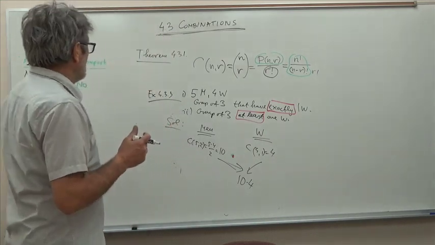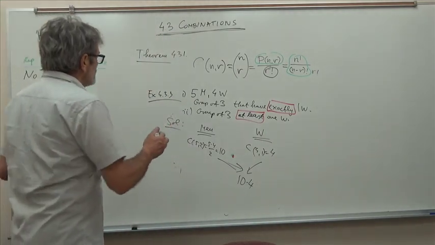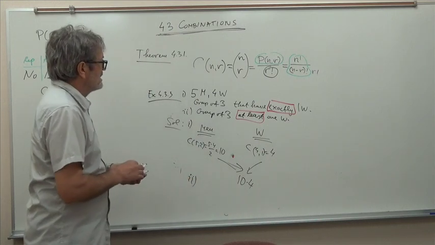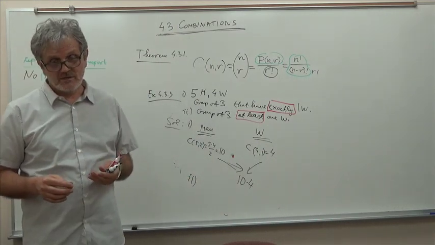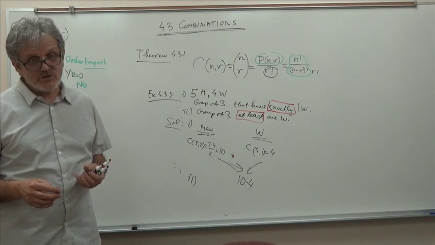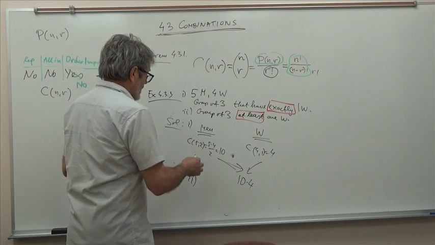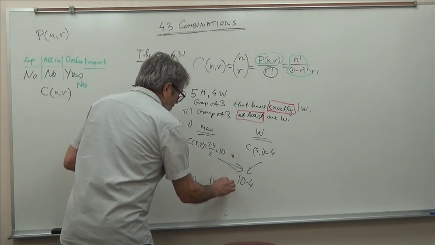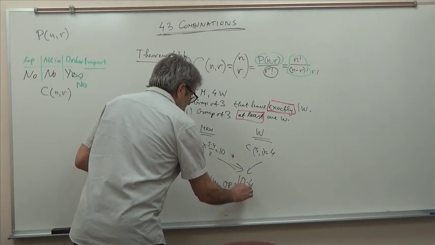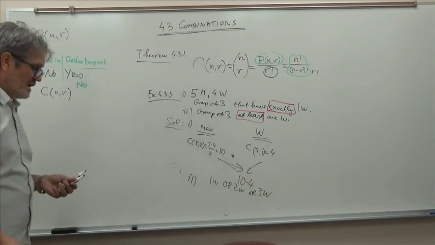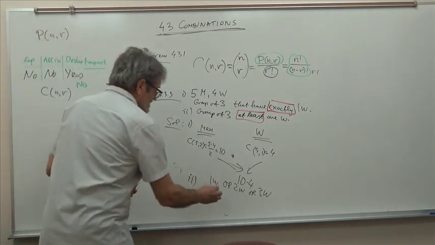All right, and then part 2 is different because they say at least 1 woman. You need to understand precisely what at least 1 means. At least 1 means 1 woman, or 2 women on a team, or 3 women on a team. And there's no overlap, so I can do plus between them.